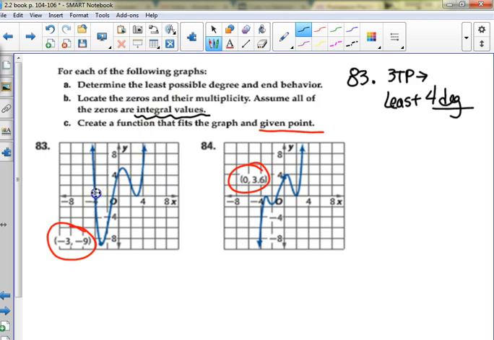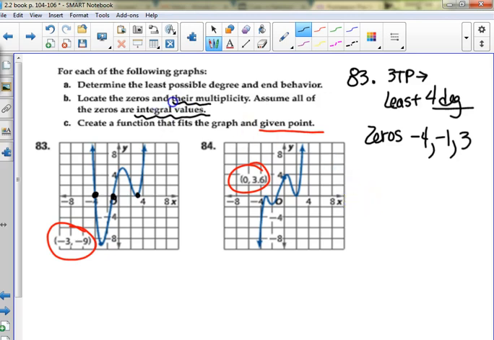Locate the zeros. What do you think? The zeros appear to be at -4. Now, the graph paper is counting by 2s, so what do you want to call that one right there? -1. This one right here? 3. I only have 3 zeros. Is that possible?